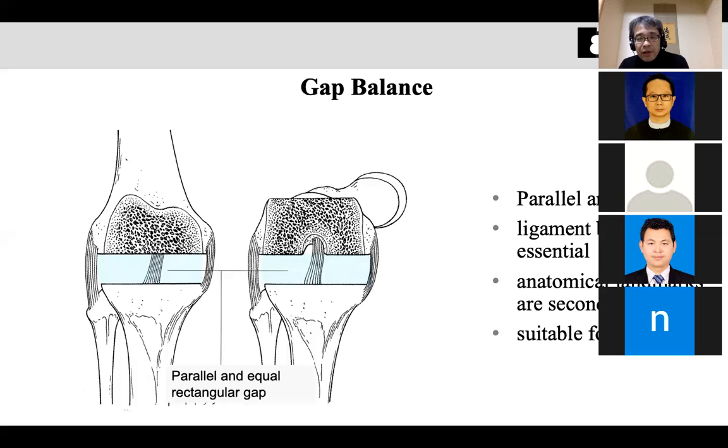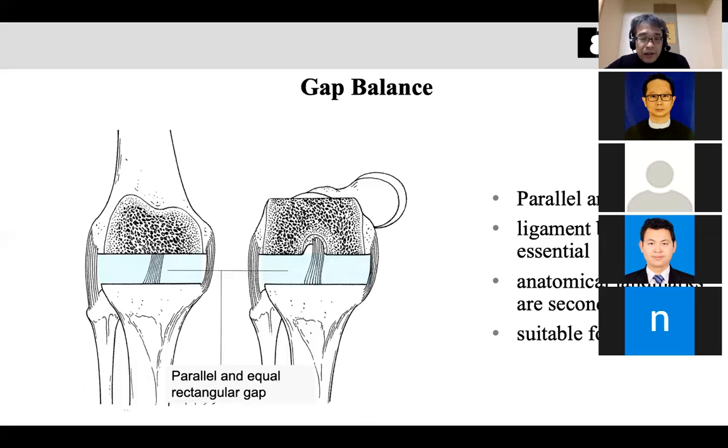So a parallel and equal gap should be made. If you cut the bone like this, the ligament balance should be perfect.